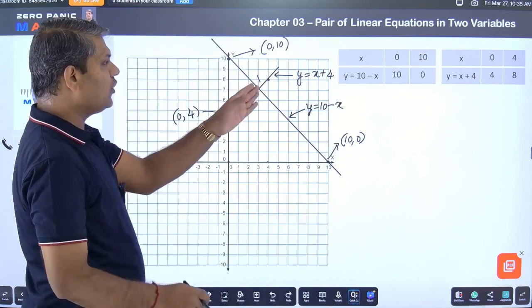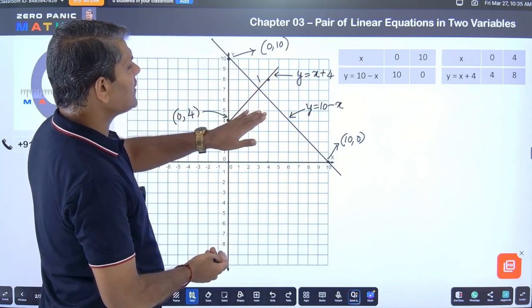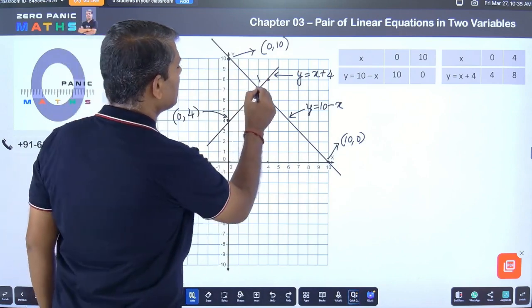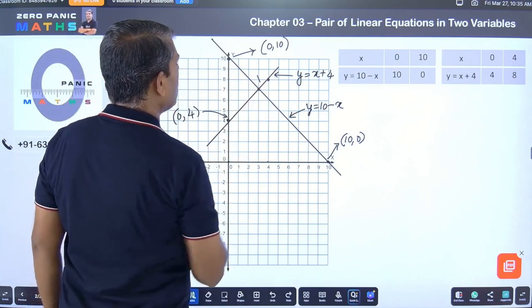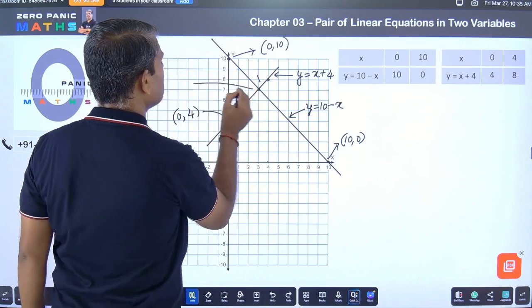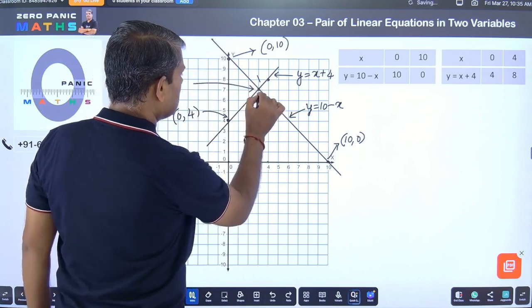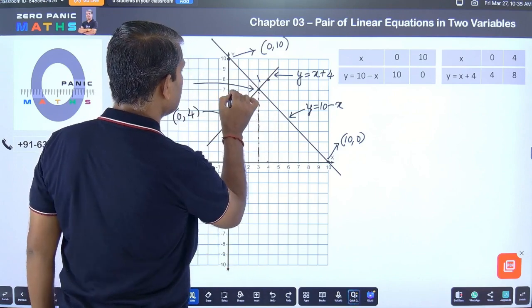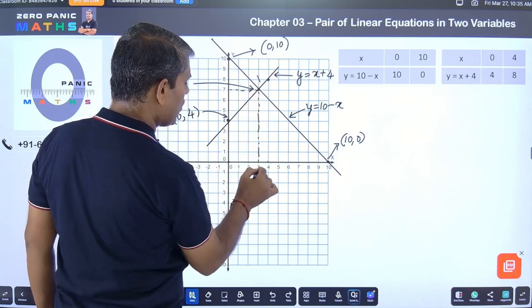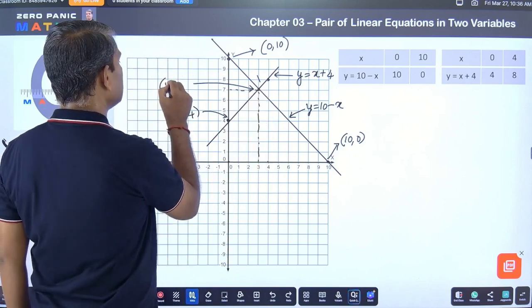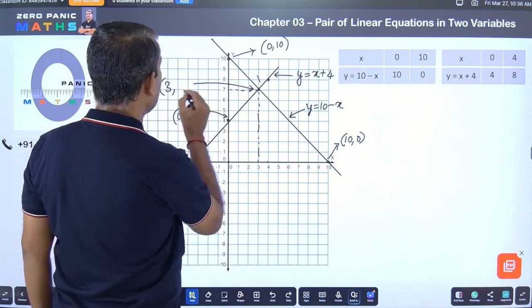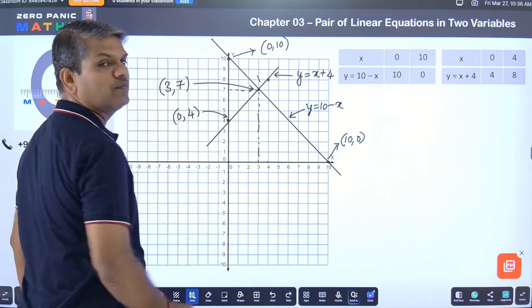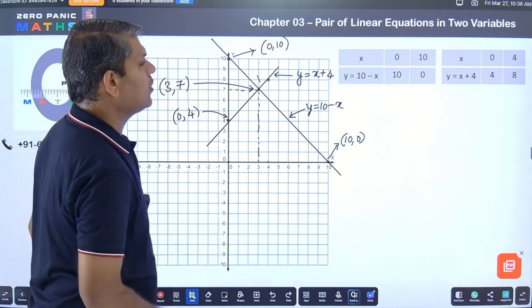Okay, and you can observe that these two lines are intersecting at this point. What is this point? Let me just plot this to the x coordinate and y coordinate. What is the x coordinate of that point? Is 3. And what is y coordinate? Is 7. Okay, so we got our solution.